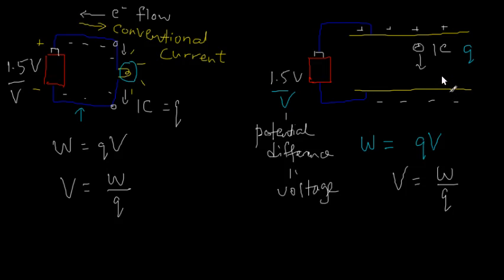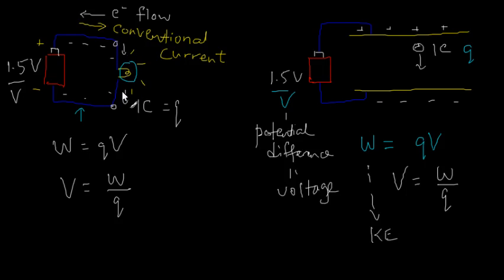Now there is a difference from the parallel plate case. In the case of the parallel plate, the work done goes to accelerating the charge. So this work done becomes kinetic energy of the charged object. But in this case, the current flows steadily and it doesn't go faster and faster because there is resistance in the light bulb, and so the resistance is like friction to the electrons flowing.